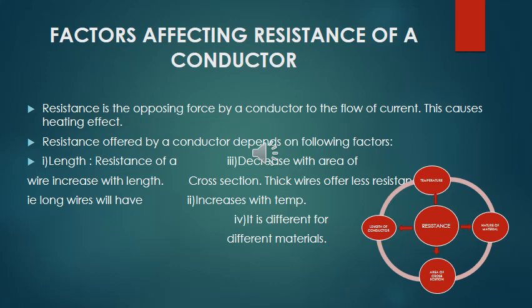That's what we call resistivity, what you have studied in the first slide. In the fourth slide, you will be recalling the factors affecting the resistance of a conductor, and in the fifth slide you will be observing a video where you can understand the factors affecting resistance.